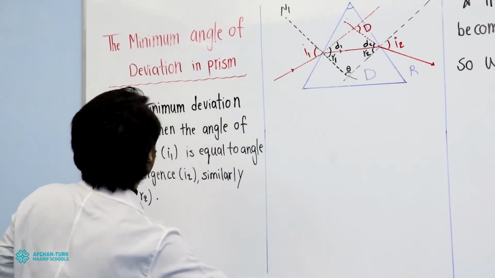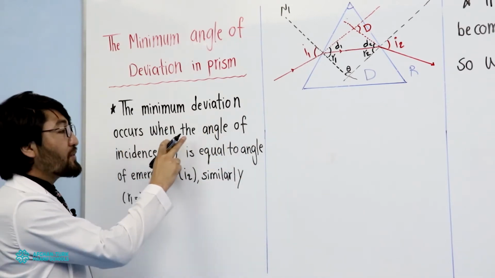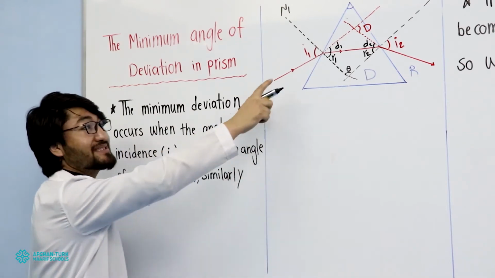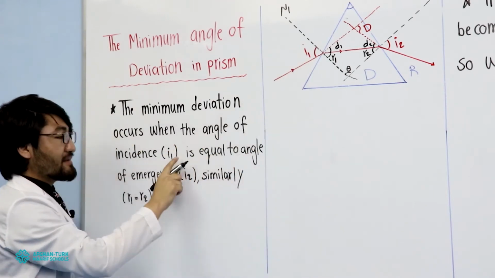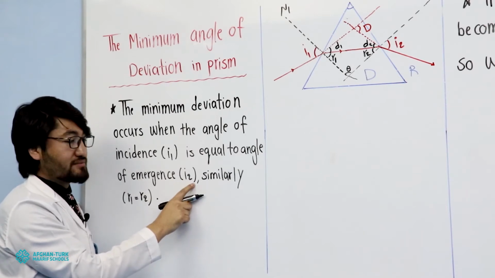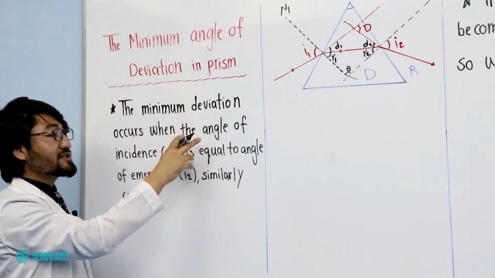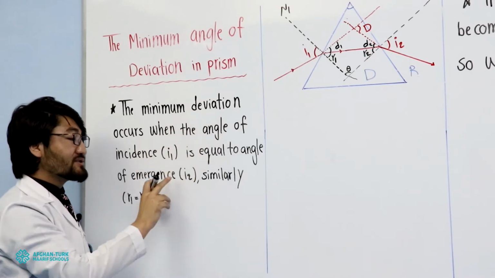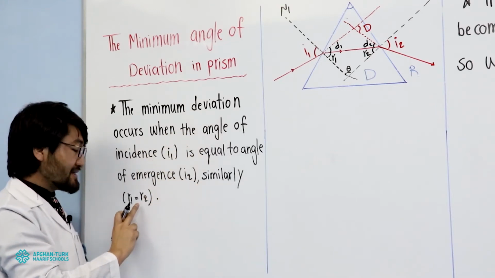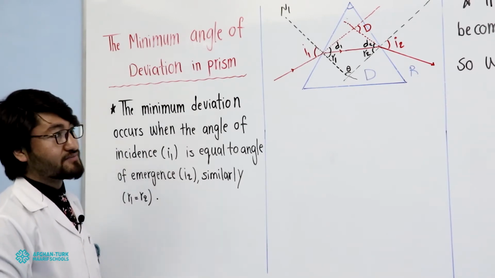The minimum deviation occurs when the angle of incidence, I1, is equal to the angle of emergence, I2. Similarly, R1 is also equal to R2.